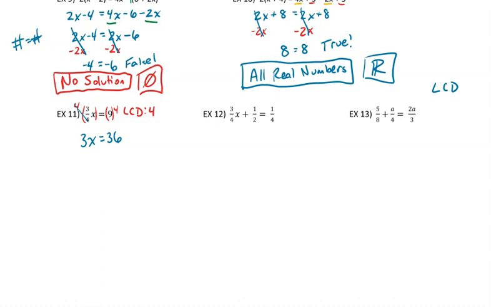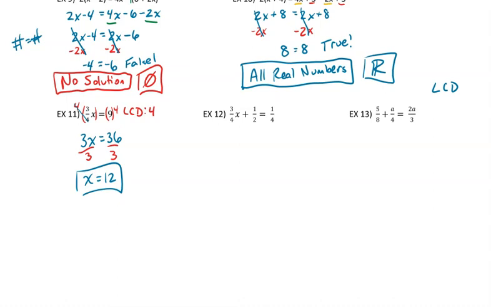And now we're back to a nice and easy equation to deal with. No more fractions. We can deal with it just like we've dealt with all of the other ones now. So in this case, we would just have to divide by 3. And we get x equals 12.